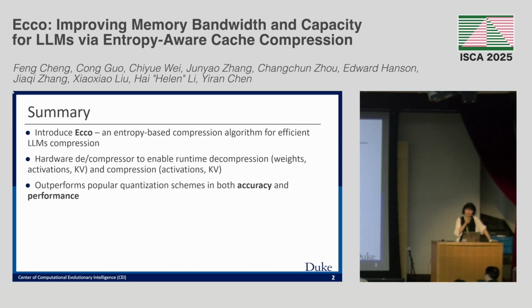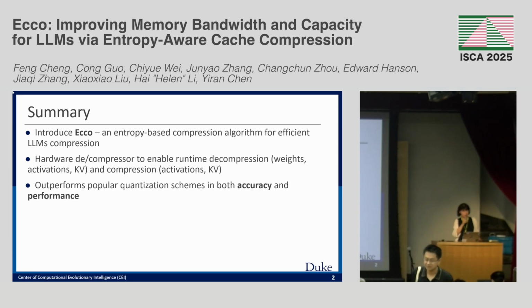Let me start with a quick summary of what this talk will cover. I will introduce Ecco, our entropy-based compression algorithm tailored for efficient large language model inference, especially the decoder phase.